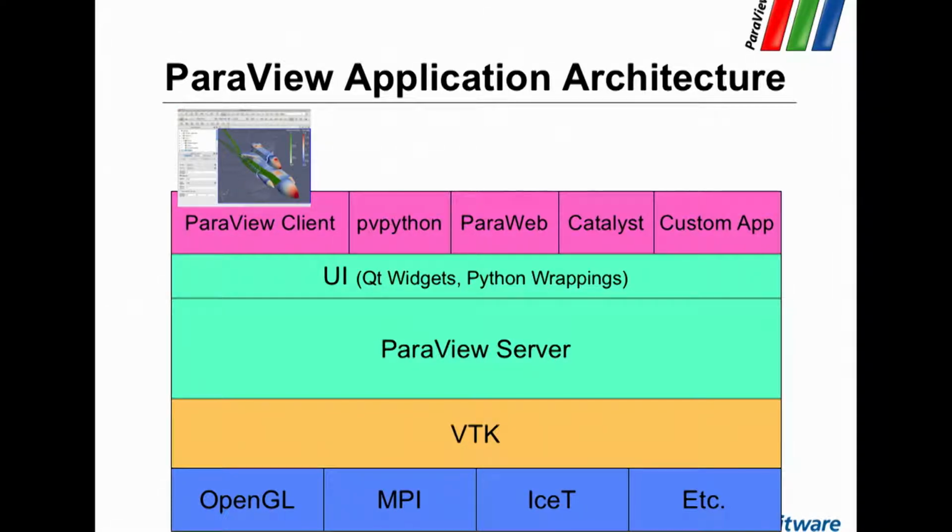The pipeline is expressed as a Python script, but all the data is transferred each step from the simulation. And also we can have custom applications where the interface is custom built to make it easier, working at a higher level of abstraction for specific domains.